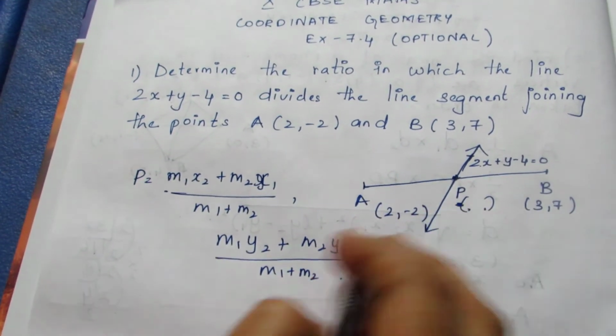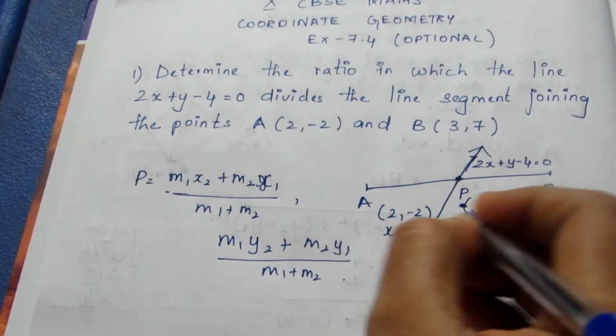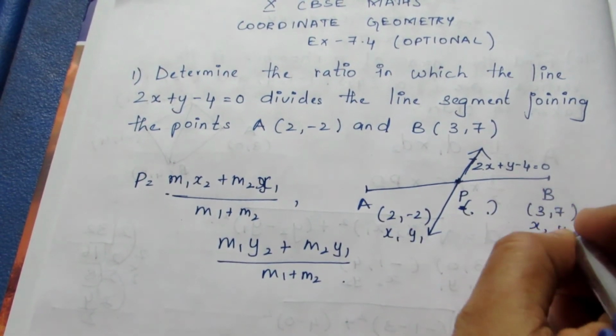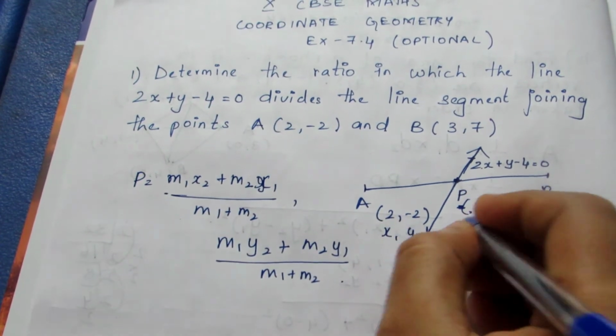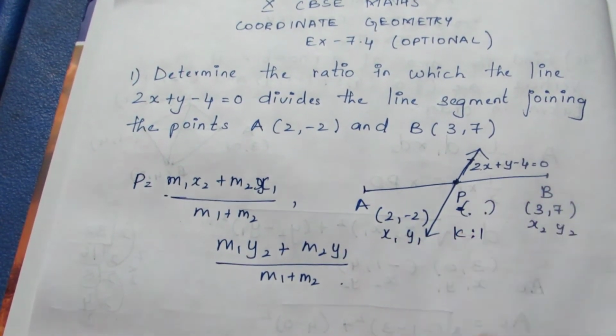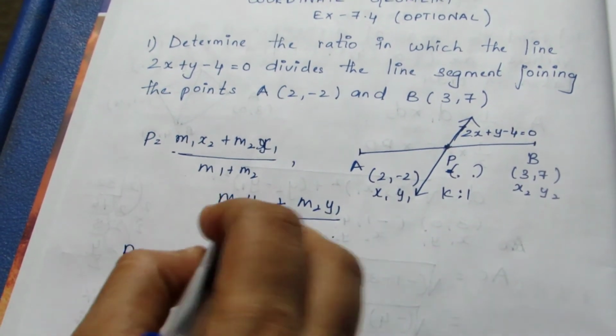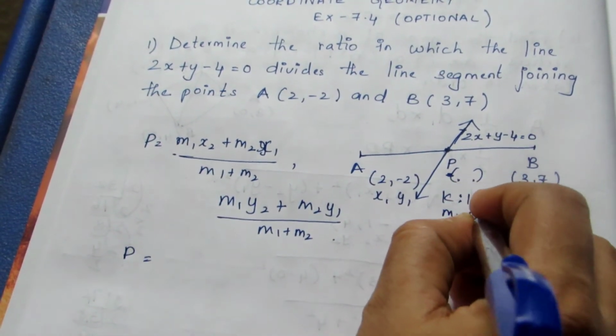Now just substitute the values. These are x1, y1, this is x2, y2. We don't know the ratio, so we take the ratio to be k:1. Here m1, here m2.